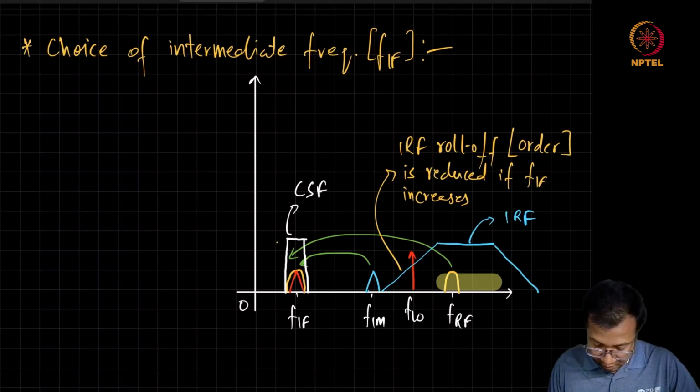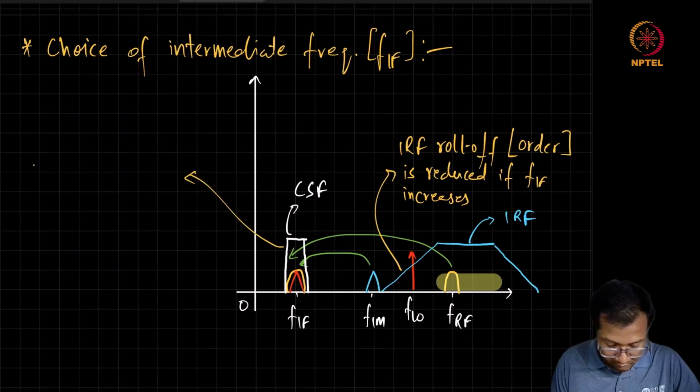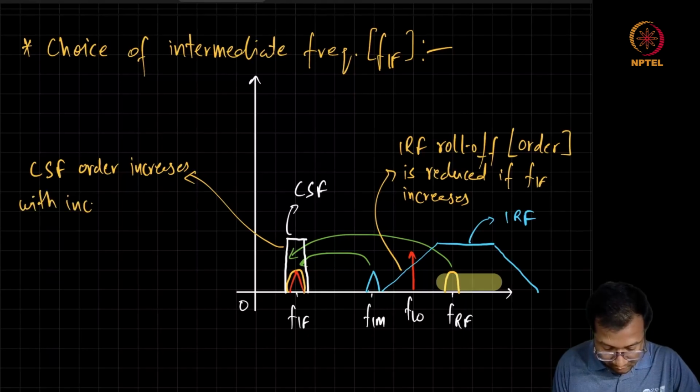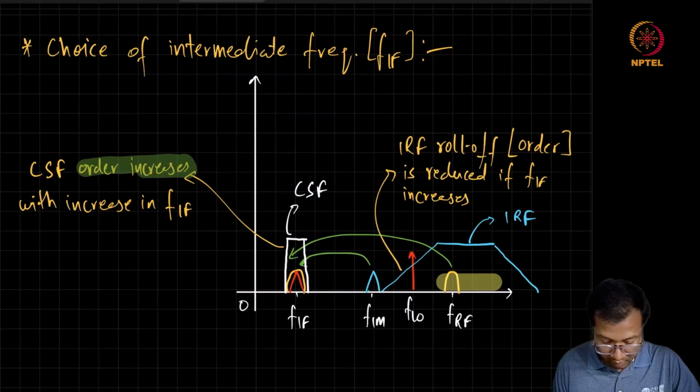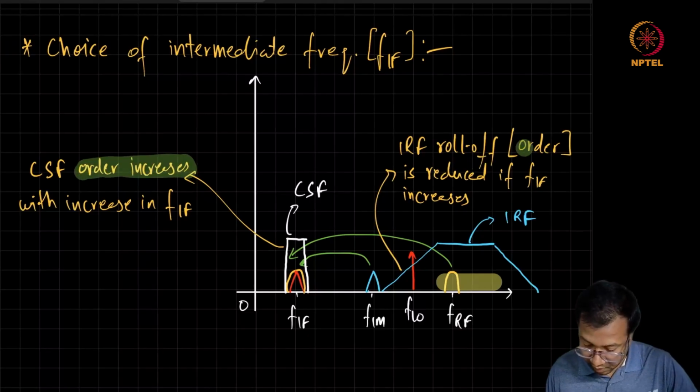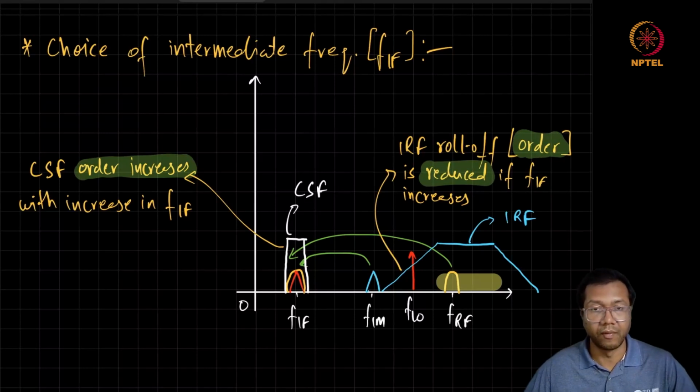Here the trade-off is: CSF order increases with increase in IF, whereas for the image reject filter, order is reduced if we increase IF.